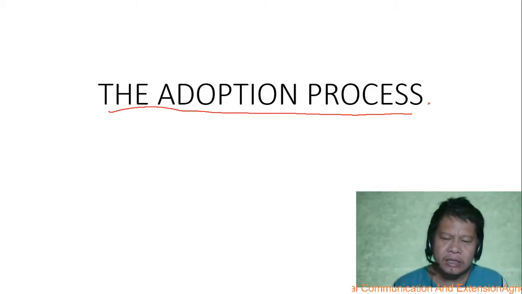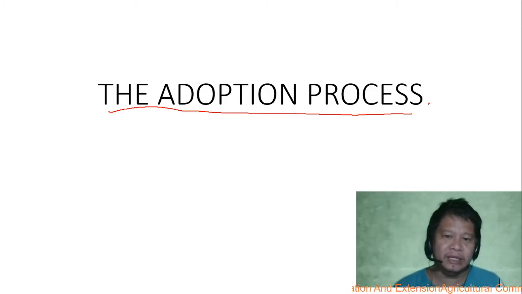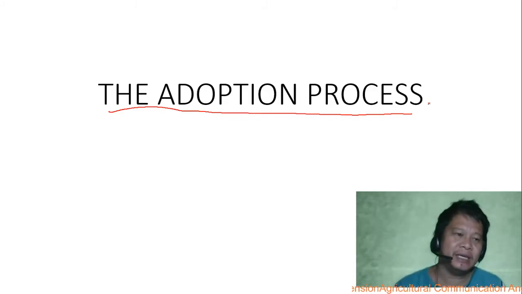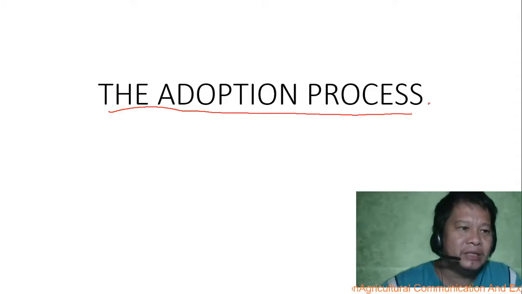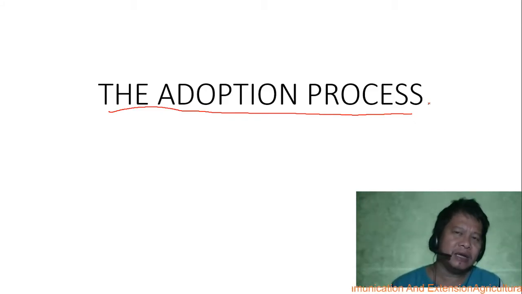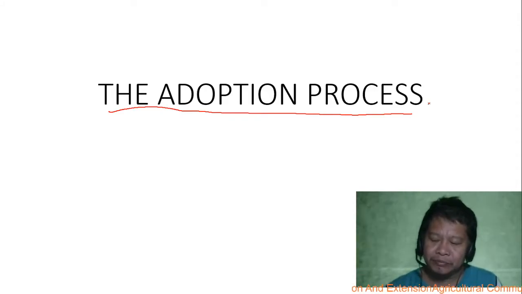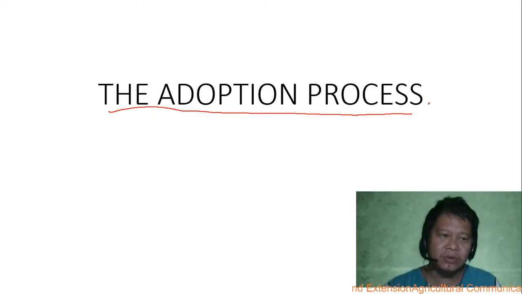For instance, I guess all of us already have cell phones. At first we had old model cell phones, and then we saw new models and we felt the need, and that the new cell phone could help our learning and our everyday life. The new models can also help us save, and we can do more with the new cell phones, so we adopted them. But during the adoption process there are some steps, some mental processes in our mind where we choose and decide which model we like, and what considerations we have for the purpose of our cell phone. Like now, many people changed their cell phone model because of the need created by the COVID-19 pandemic.